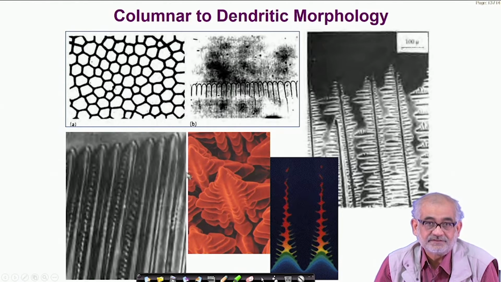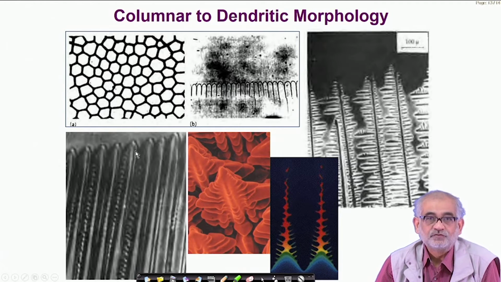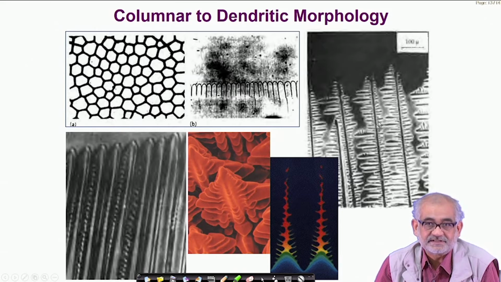And in a situation where such a solid-liquid interface can no longer maintain planarity and deviates from planarity and moves into a non-planar solidification front, then we end up getting such dendritic structures, where we see growth not only in one direction, but also in the lateral perpendicular direction and even in the tertiary direction.